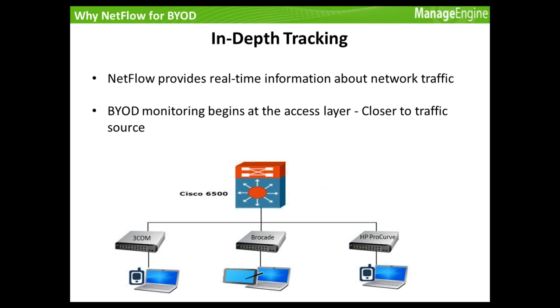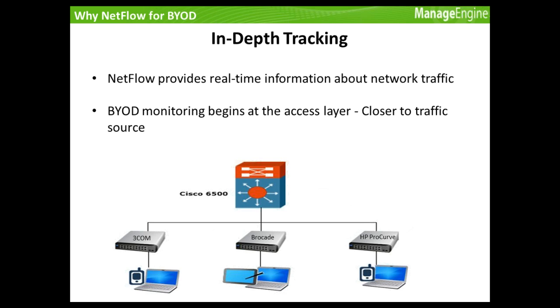So you get real-time information on what is happening in the network. And most importantly, BYOD monitoring begins at the access layer, closer to the traffic source, or closer to where your mobile devices are in your network.